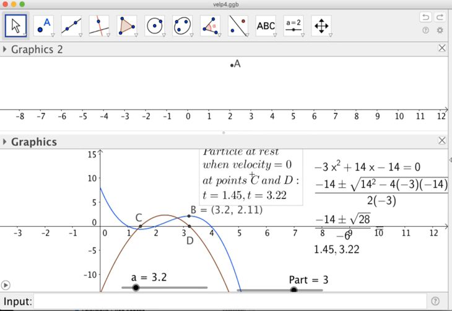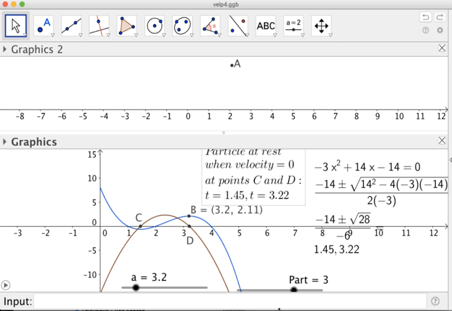And so we can see that when it gets to t equals 3.2, it starts to move in the opposite direction, going negative again and staying in that direction. So again, the minimum and maximum points for our original function, and the x-intercepts for our first derivative, show us when the particle changes direction.